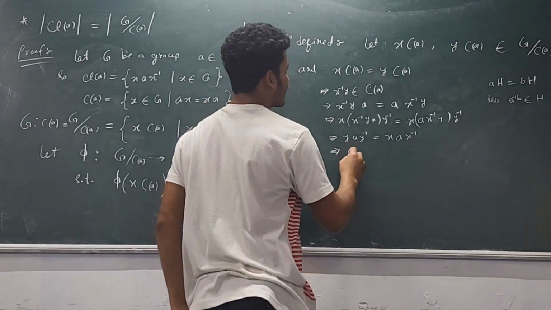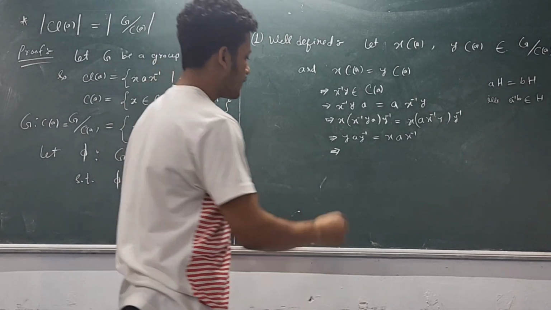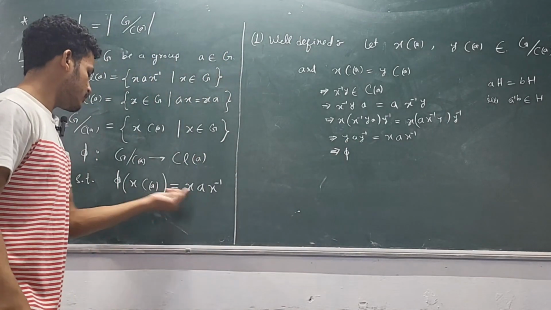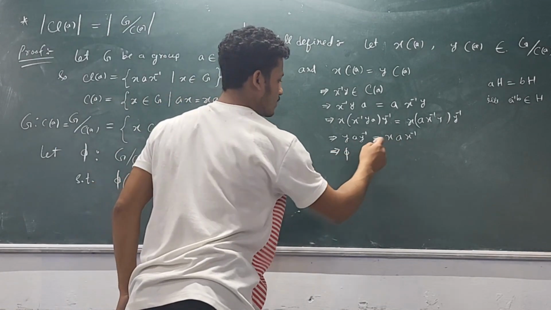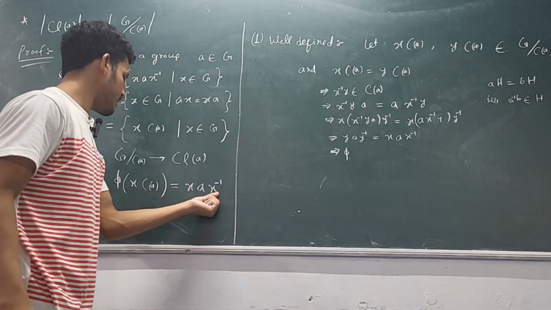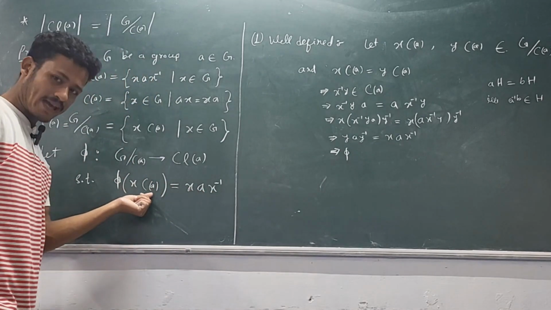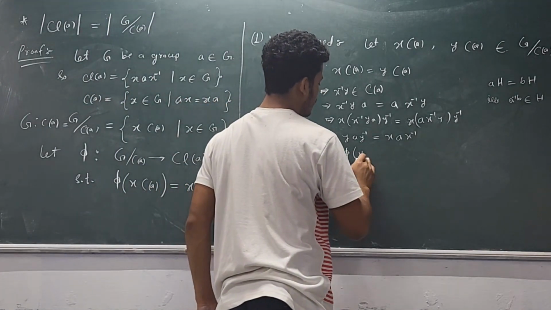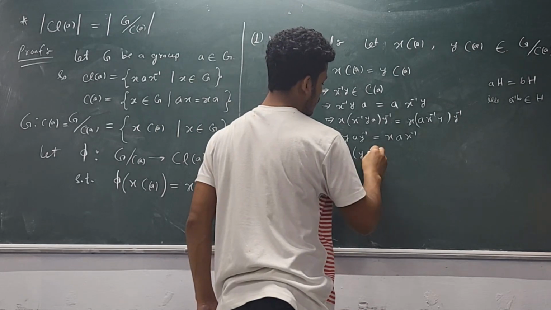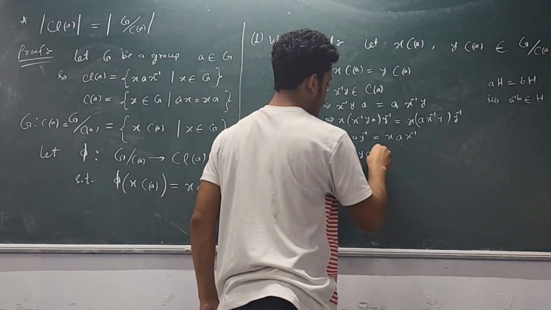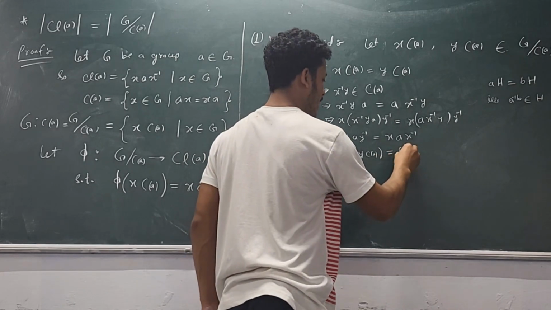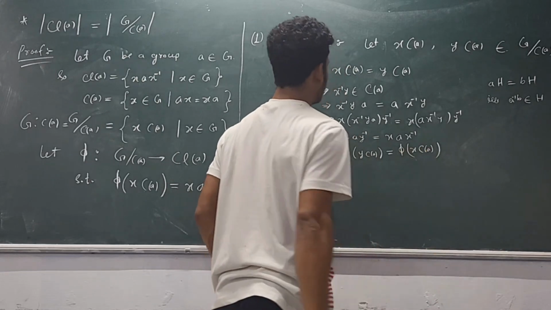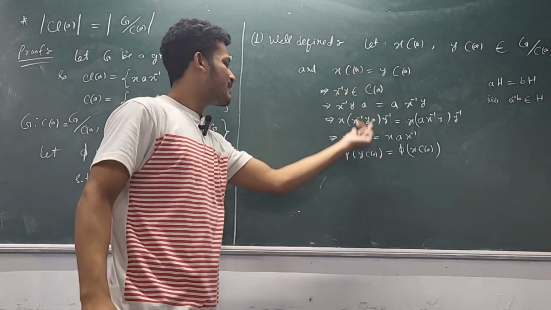This is phi of x CA, and in place of y inverse, it will be phi of y CA. Phi of y CA is equal to phi of x CA. The elements are equal and their images are also equal.